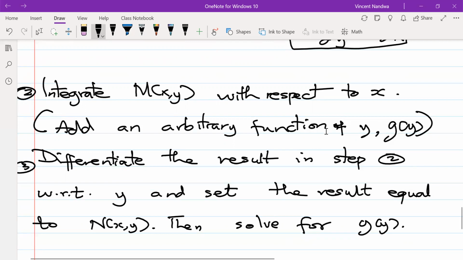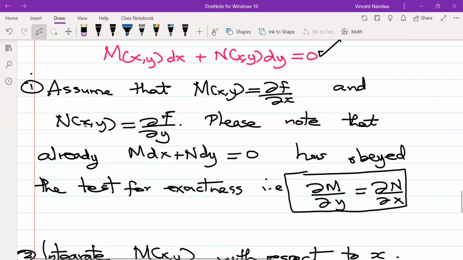So remember initially, from the first step, N is partial f partial y.